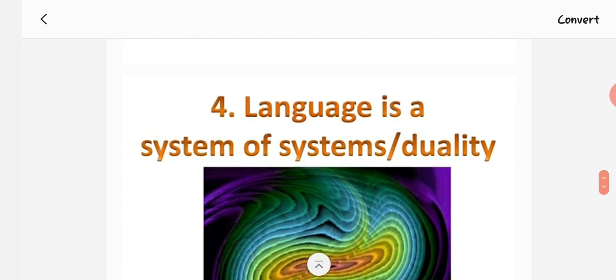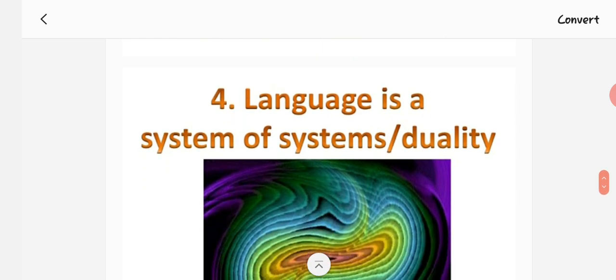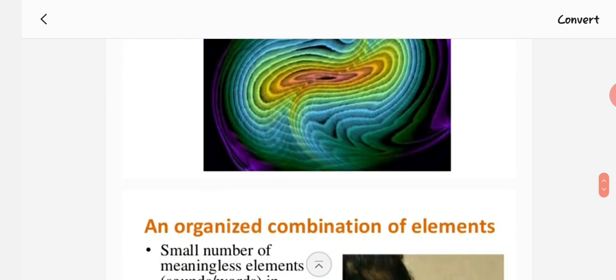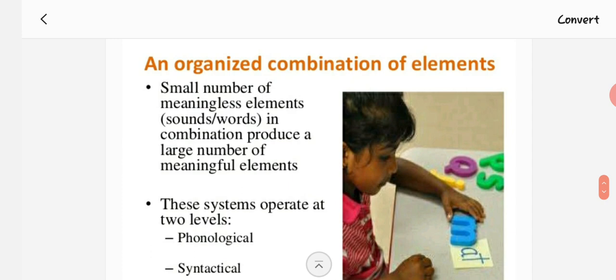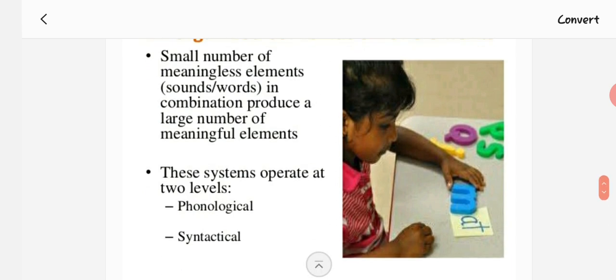If we talk about language as a system of systems, it is a duality basically. It is an organized combination of elements, where a small number of meaningless elements, sounds, in combination produce a large number of meaningful elements. These systems operate at two levels, like the phonological level and the syntactic level.